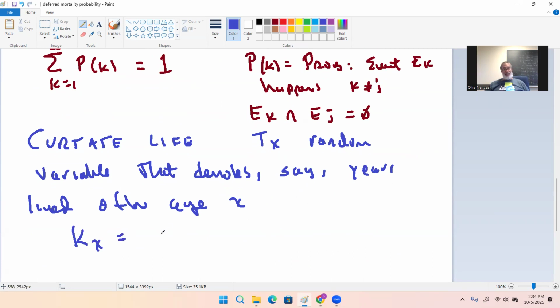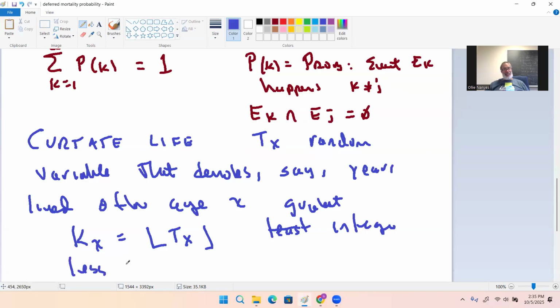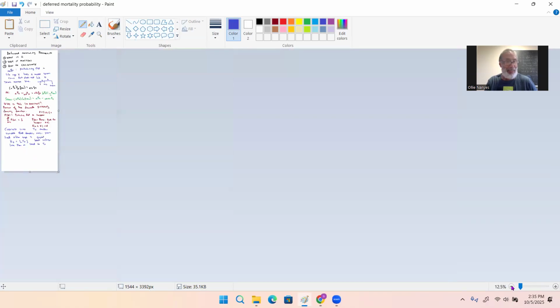I'm going to define it this way. It's going to be this floor function, which is the greatest integer less than or equal to T sub X.